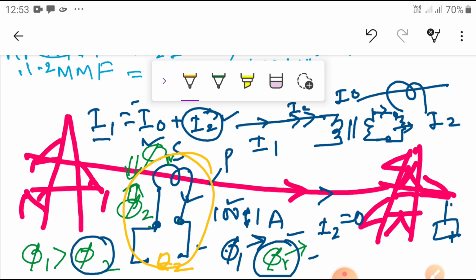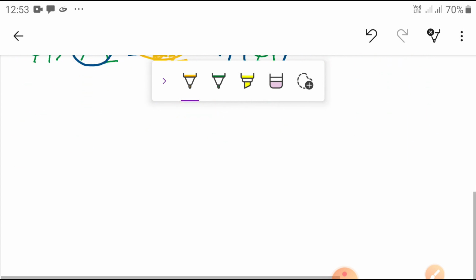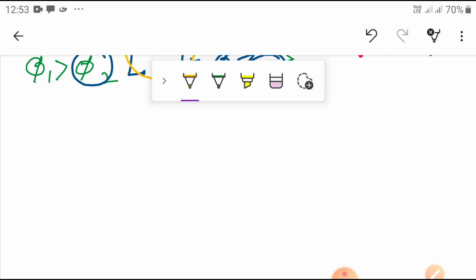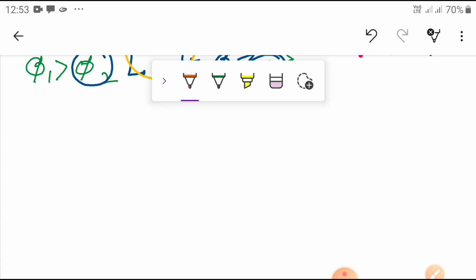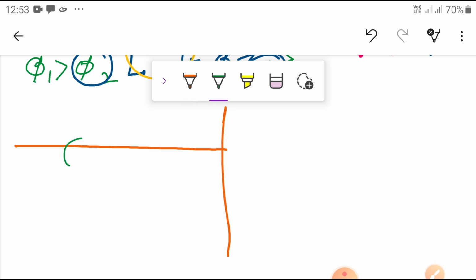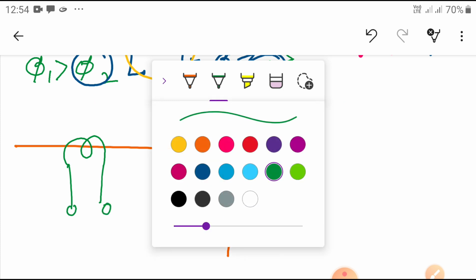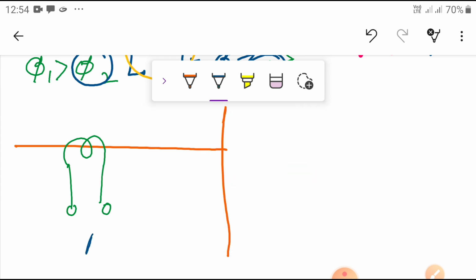Okay, so once again I am going to explain, see it, two conditions. What is the first condition? The primary current, this is the secondary, this one. These two terminals are connected with, for example, one ammeter here.